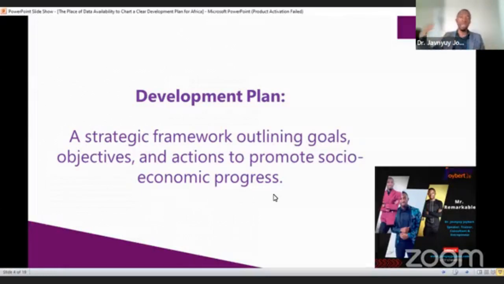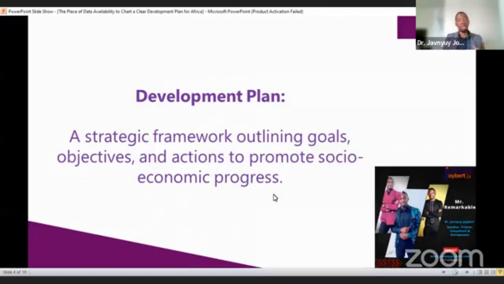The African Union is talking about the Agenda 2063. Companies develop strategic plans, 3-year, 5-year, 10-year plans. As an individual, you can have a 10-year plan, a 5-year career plan, a financial plan for yourself.